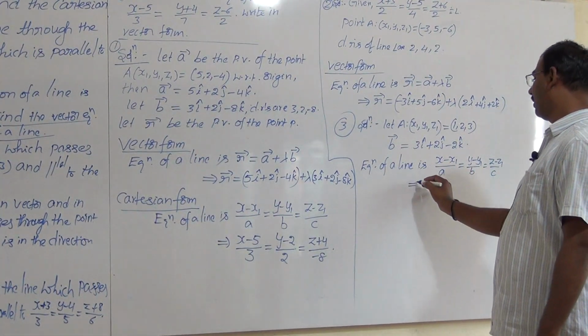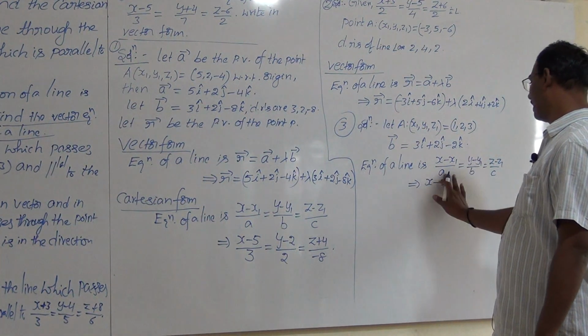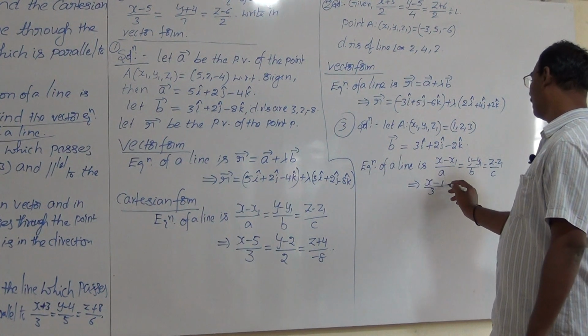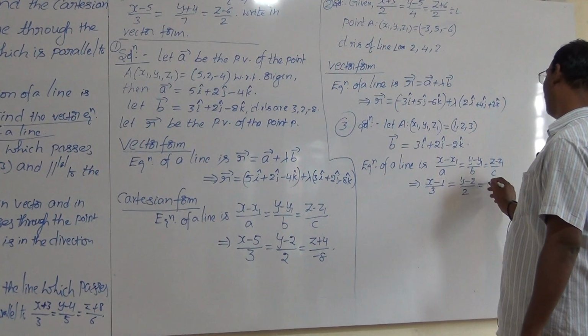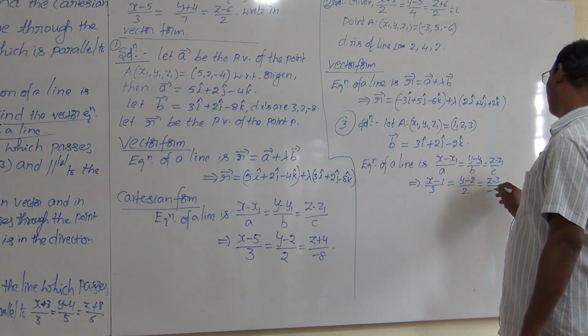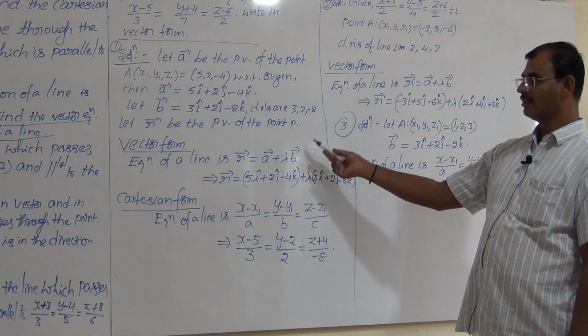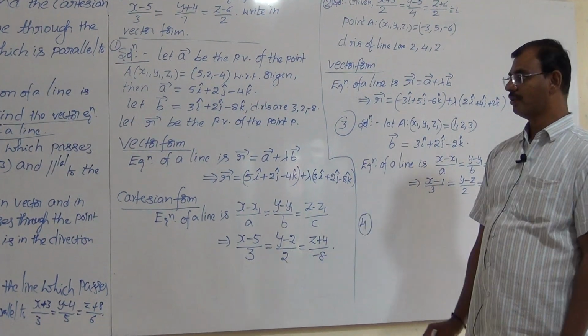Now substitute the values: (x minus 1) upon 3 equals (y minus 2) divided by 2 equals (z minus 3) upon minus 2. If you want vector form, this is the method. Directly do it. Then we go to the fourth question.